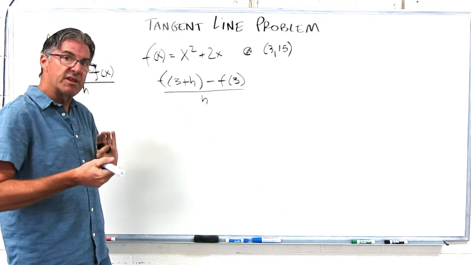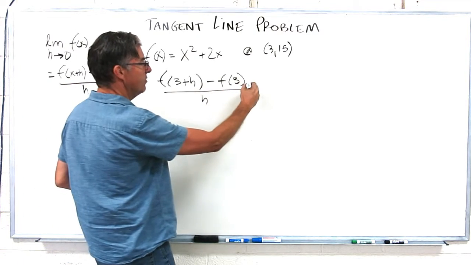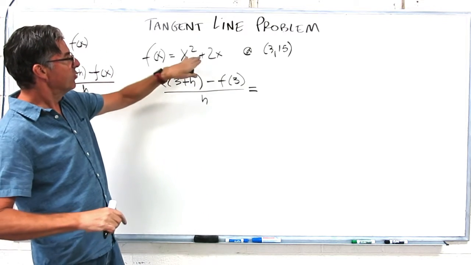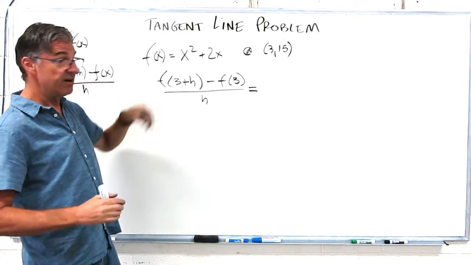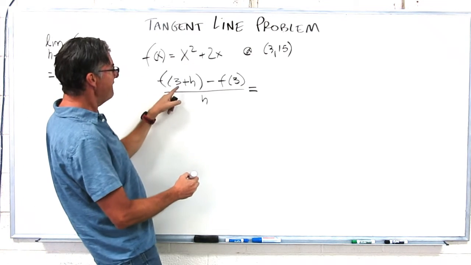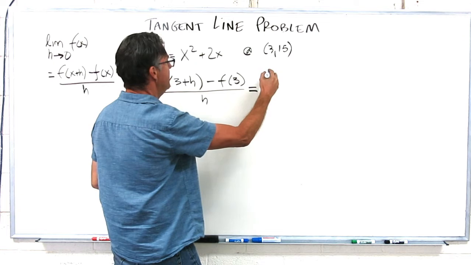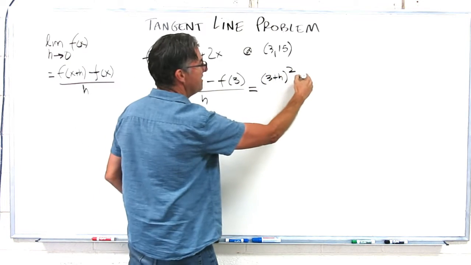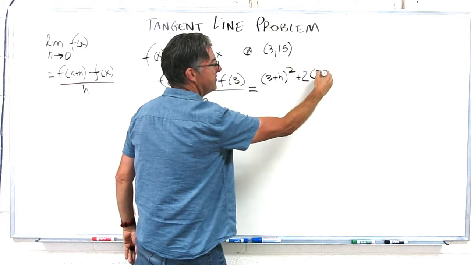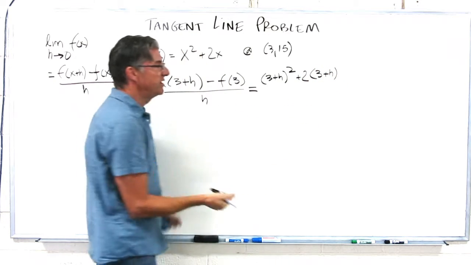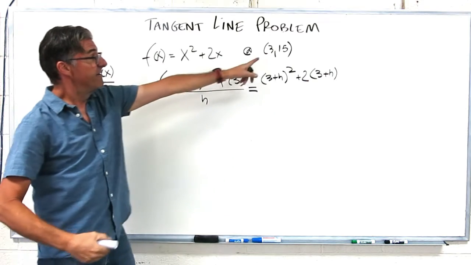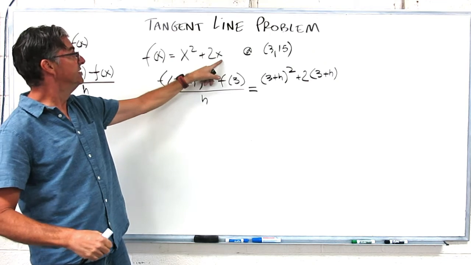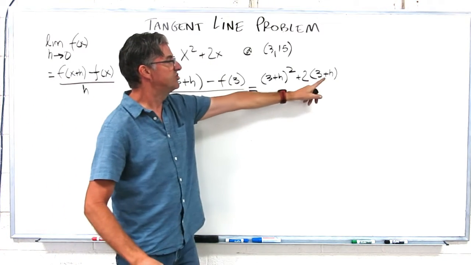Now this is probably one of the more tricky steps involved here. What we're going to do is every place we see the function, we're going to use the terms that are up here. So watch this. f of 3 plus h is going to be (3 plus h) squared plus 2 times (3 plus h). So I just plugged in 3 plus h everywhere we saw x in our function, x squared plus 2x.